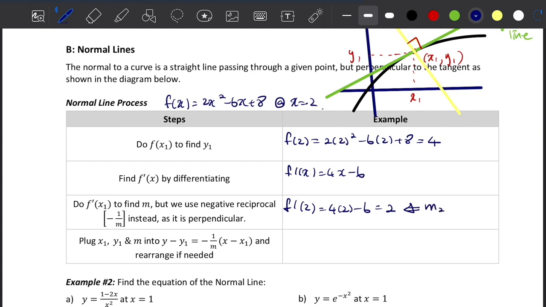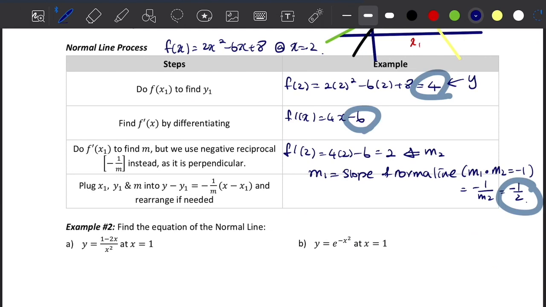Then we need to find our m1, which is the slope of the normal line, by using m1 times m2 equals negative 1, or simply m1 equals negative 1 over m2. So the slope of the normal line in this case is negative 1 over 2.